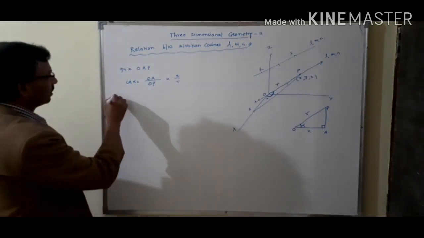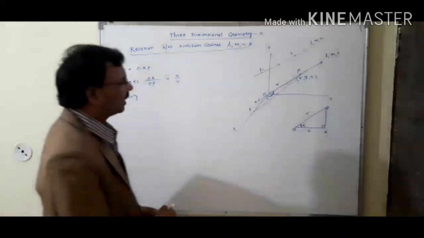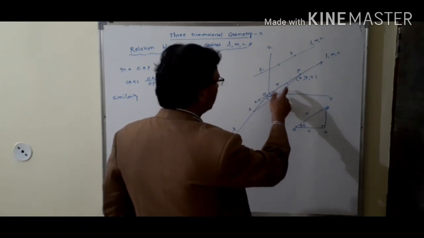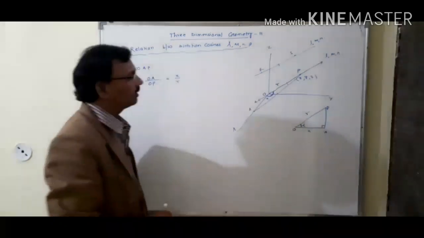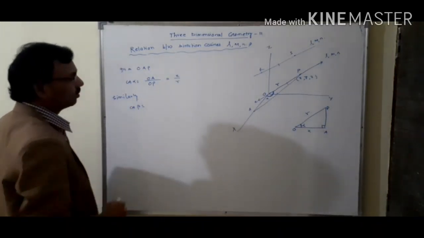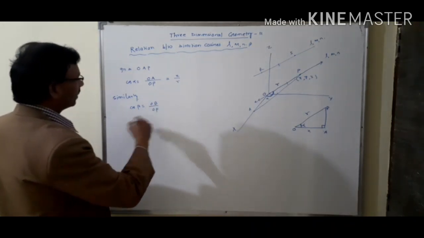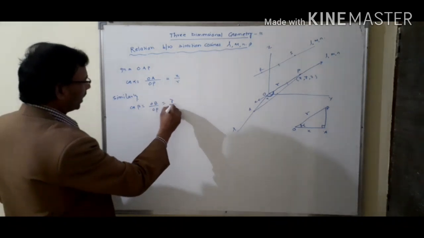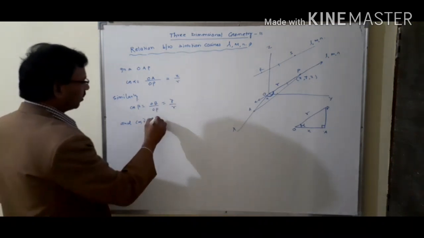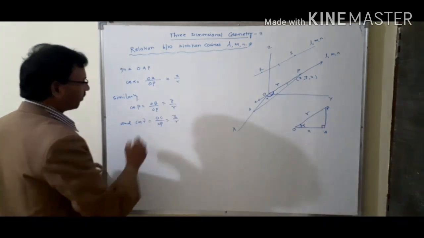Similarly, if this line makes angle beta with the y axis and angle gamma with the z axis, then we can write cos of beta equal to OB upon OP equal to y upon r, and cos of gamma equal to OC upon OP equal to z upon r.